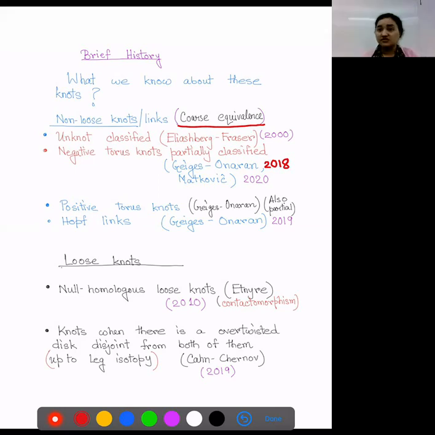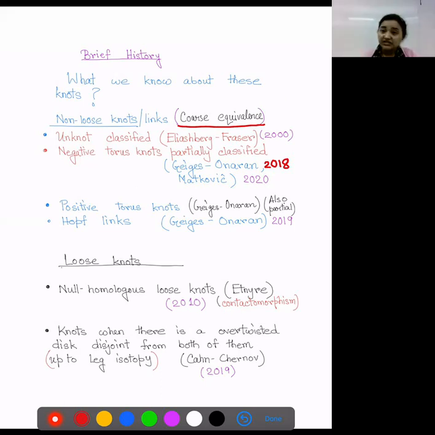So what about loose knots? The loose knots are those knots with over-twisted complement. Here the classification up to contactomorphism, or up to coarse equivalence, is due to Etnyre. So Etnyre proved that null-homologous loose knots can be classified completely by their classical invariants, which are the Thurston-Bennequin invariant and the rotation number. That is enough to classify those knots with over-twisted complements.